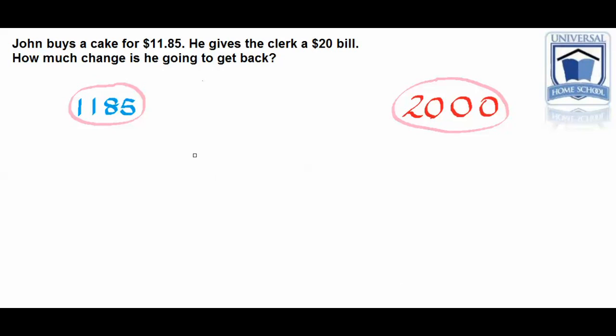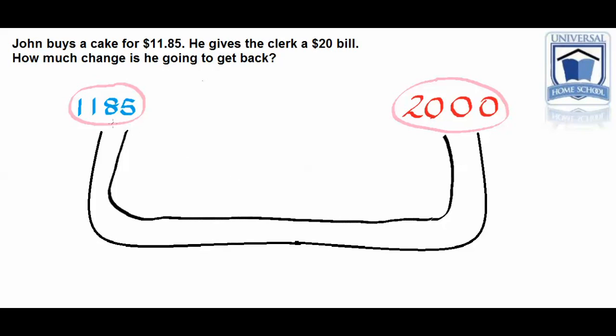I'm going to draw a path now between the $11.85 and the $20. In the path, I'm going to write what I am adding on. And outside the path, I'm going to write the amount so far.